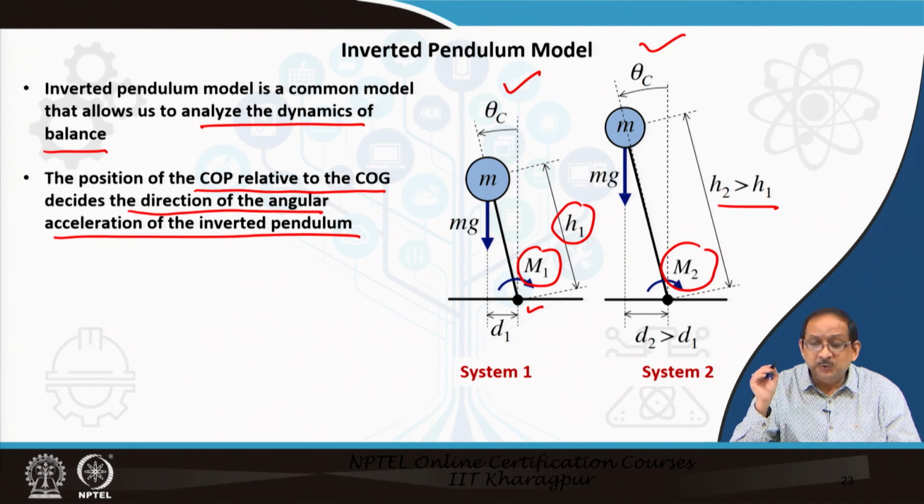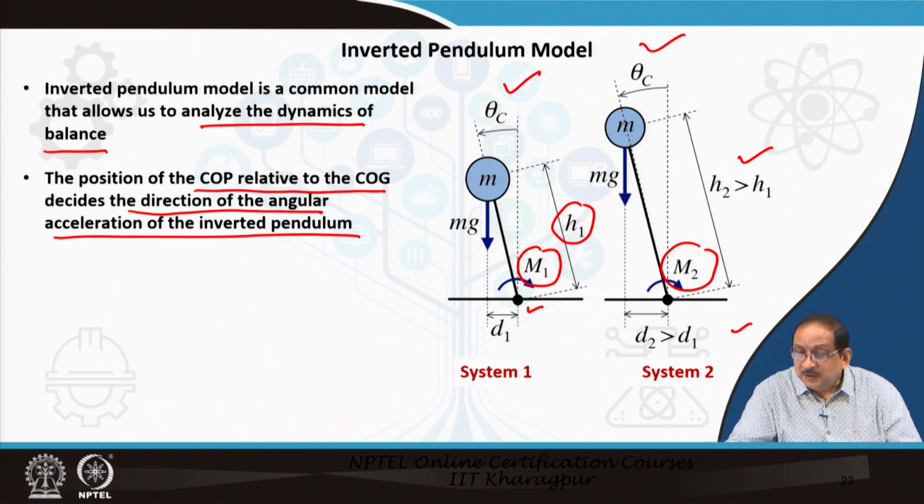So, M2 is greater than M1. Why is that? Because if H2 is greater than H1, then from the geometry on the right for system 2, you can easily find out that D2 will be greater than D1. Hence, the moment M2 will be greater than M1.